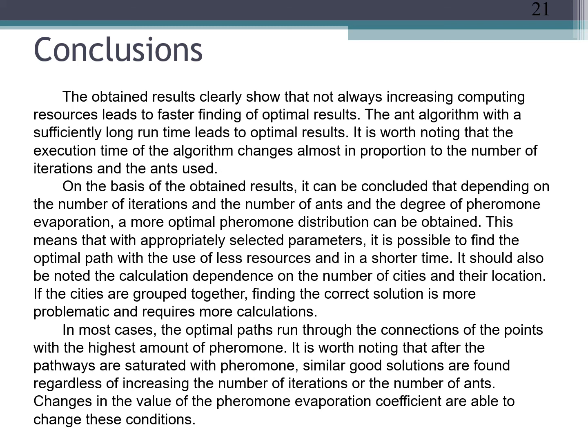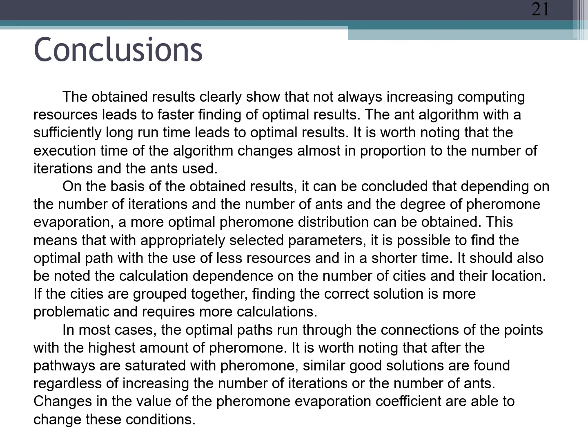The conclusions are that the obtained results clearly show that not always increasing computer resources leads to faster finding of optimal results. The ant algorithm with a sufficiently long runtime leads to optimal results. The execution time of the algorithm changes almost in proportion to the number of iterations and the ants used.